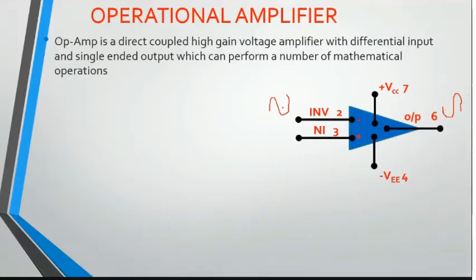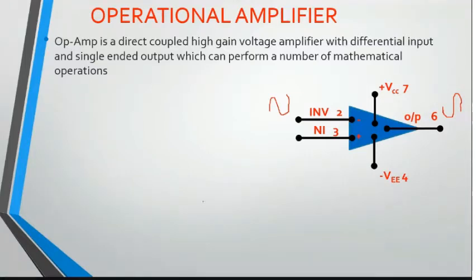Phase difference of 180 means this signal will be totally inverted. Here you have at the beginning the positive cycle, then the negative cycle. At the output, in the beginning you have the negative cycle and then the positive cycles. That means there is a phase difference of 180 degrees.